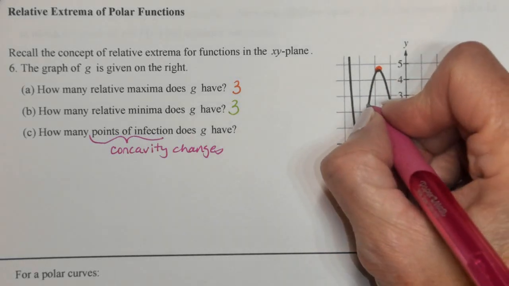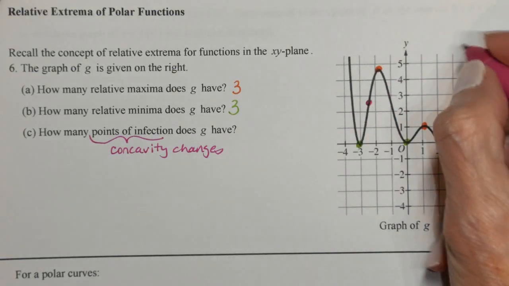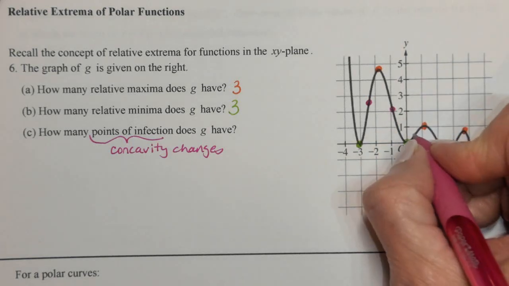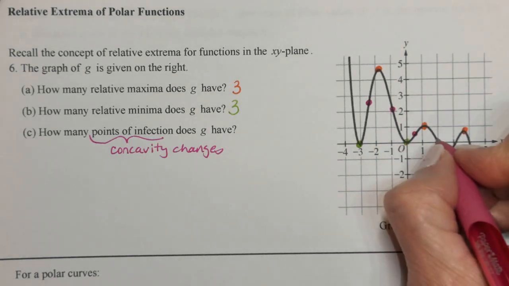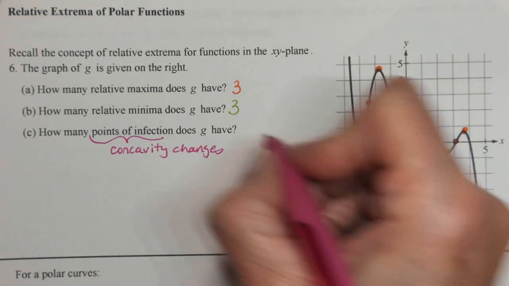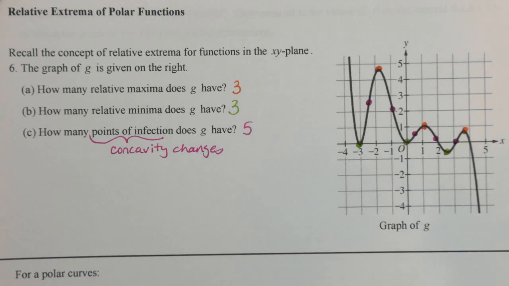So somewhere probably around here, around here, around here, and around here. 5 points of inflection. A nice little review from way back in Unit 1 in August.